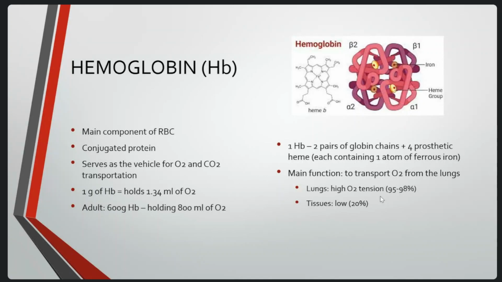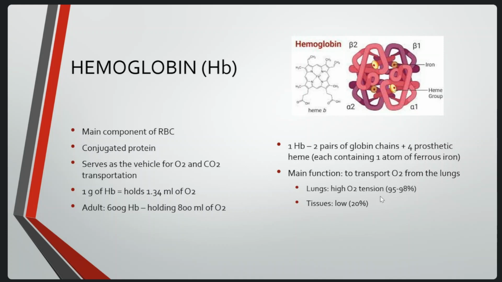Our hemoglobin, when dissociated, is composed of 2 pairs of globin chains and 4 prosthetic hemes. It's also important to take note of the different hemoglobins. This is the adult hemoglobin, which is composed of 2 alpha and 2 beta chains.